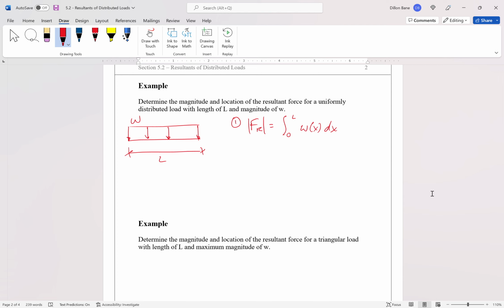It does not matter where you are along the length of that load. W is just W. At the beginning of the load, W is W. At the end of the load, W is W. It doesn't matter, right? 10 pounds per foot, 100 kips per inch, doesn't matter. It's constant, right? So W of x just equals W, and it's a constant for this problem.